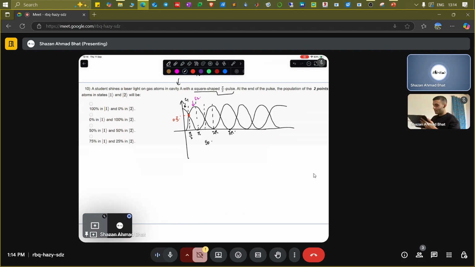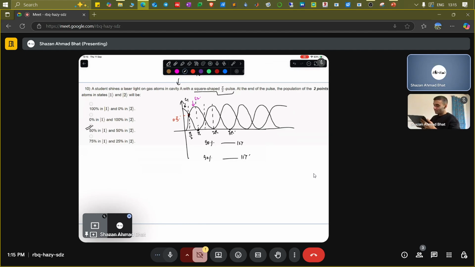That means there's a 50% probability of the species being in the higher level and 50% probability of being in the lower level. So that is for the pi by 2 pulse. Similarly, for a pi pulse, you will get the species to be in, let's say, the ground state. For a 2 pi pulse, you will get it to be in the excited state, so on and so forth. It's going to move back and forth between the excited and ground states. So the answer is 50% in 1 and 50% in 2. That's the answer to this question.